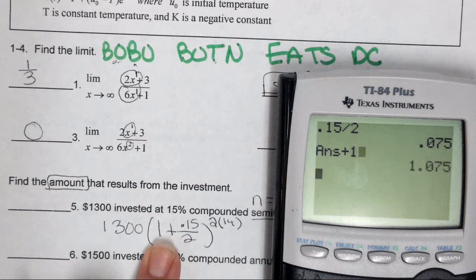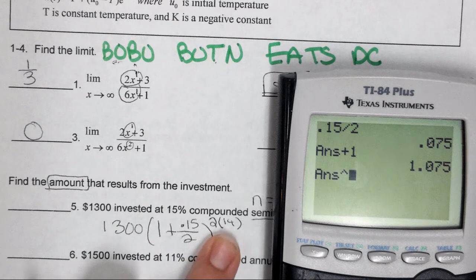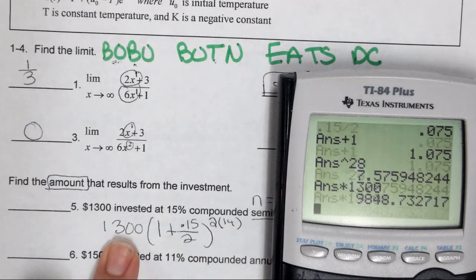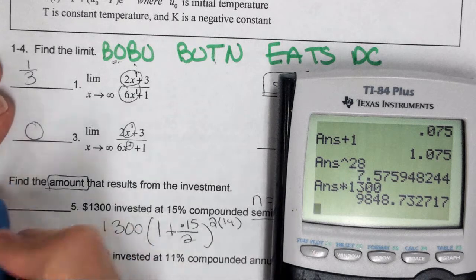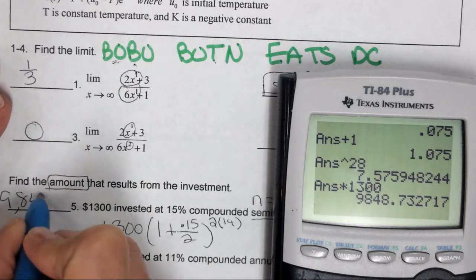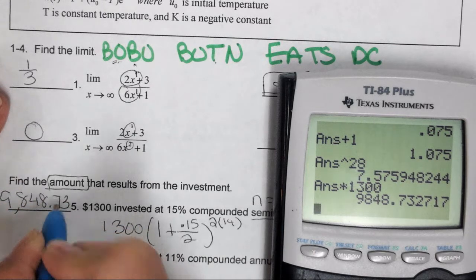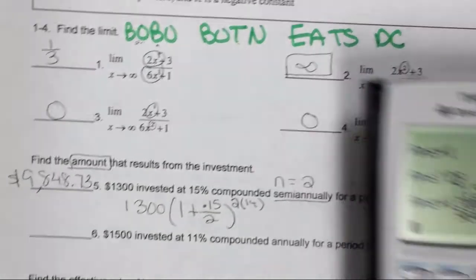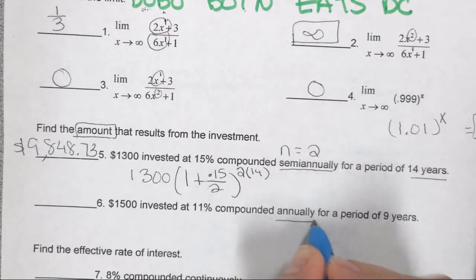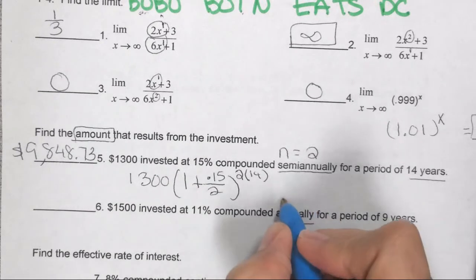Then I added 1. Then I raised it to the 2 times 14, which is 28. And then once I get that answer, I have to multiply it by the 1,300. So we get $9,848.73.